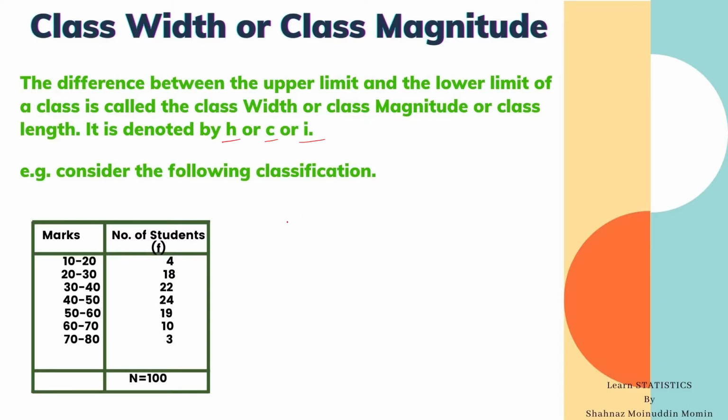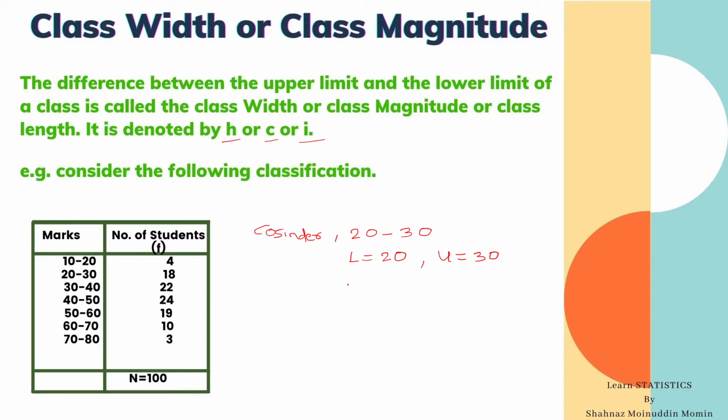Now consider the class 20 to 30. We know that in this class the lower limit L is 20, upper limit U is equal to 30.